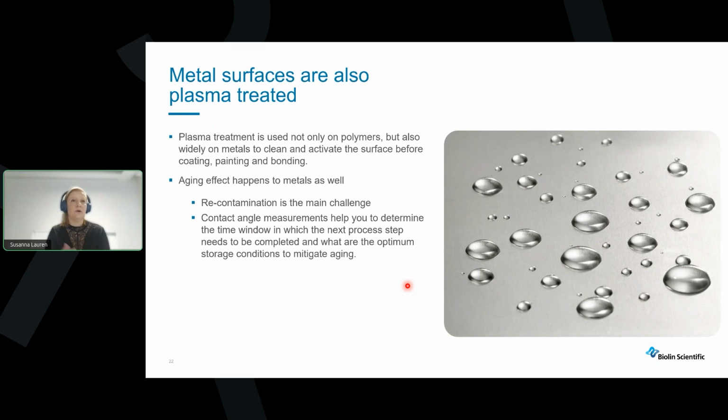And when you are optimizing your plasma treatment processes, you shouldn't only optimize the plasma treatment time and the efficiency of the plasma and so forth, but you should also think about the storage of the samples after plasma treatment.